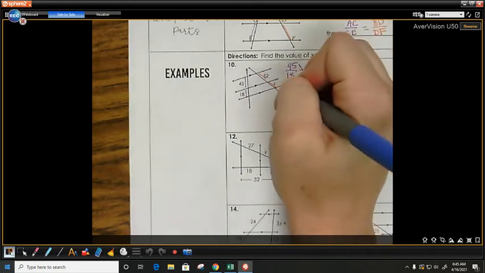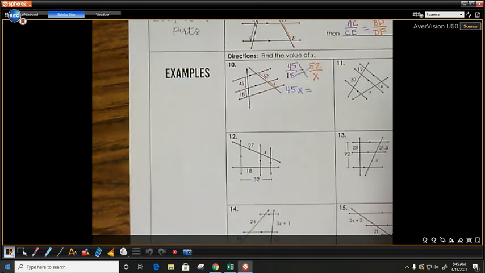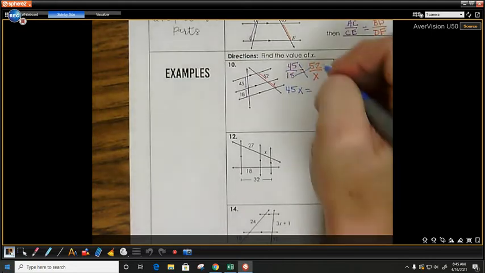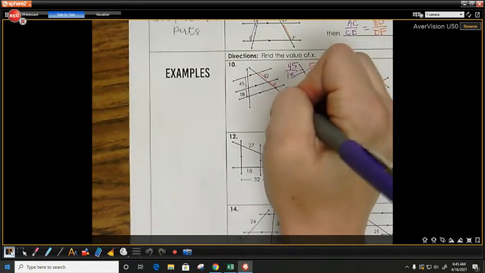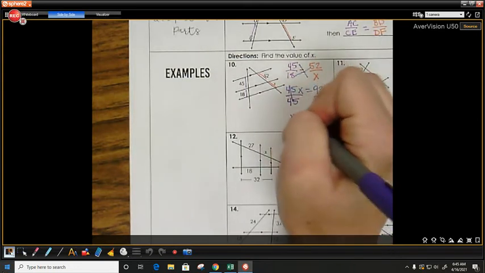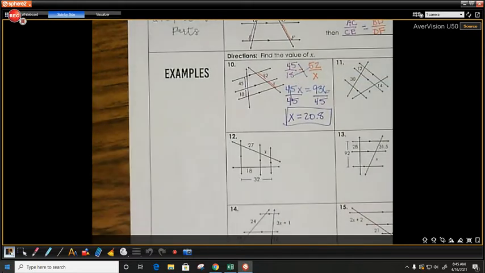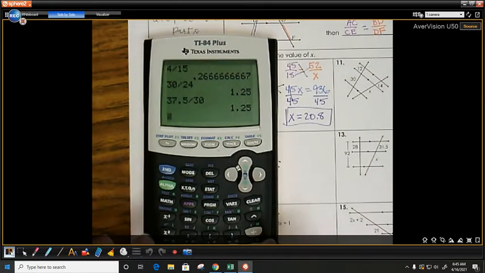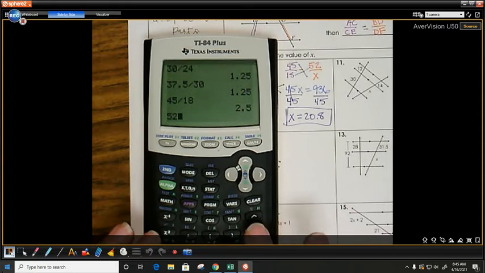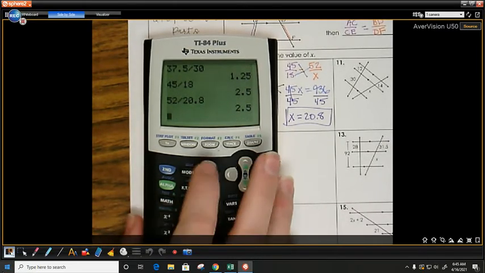So 45x equals 18 times 52, which is 936. And then I divide both sides by 45, and I get x equals 20.8. And just like I did on a couple of the last ones, you can check yourself. So 45 over 18, is that the same as 52 over 20.8? Yep, they both give you 2.5.